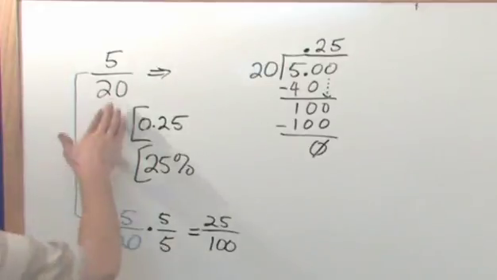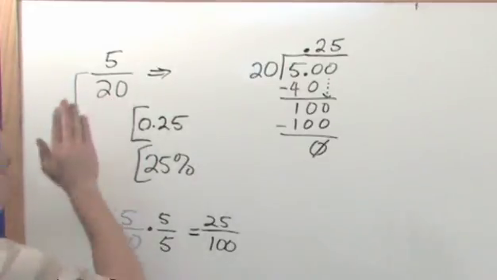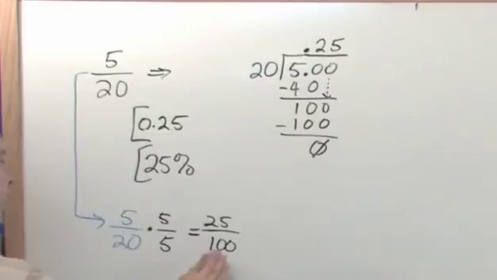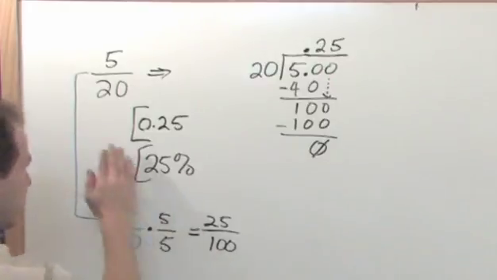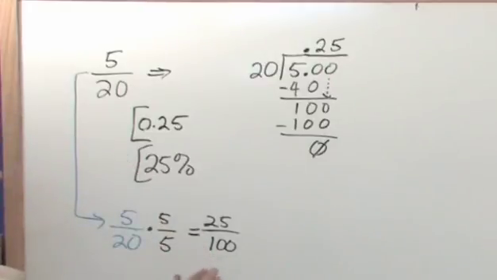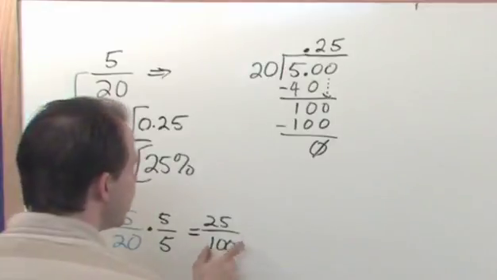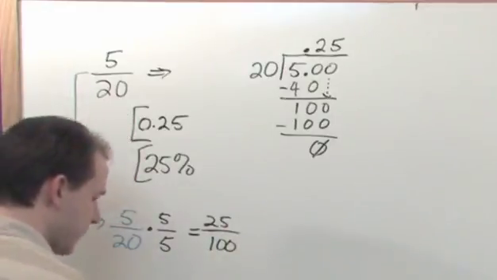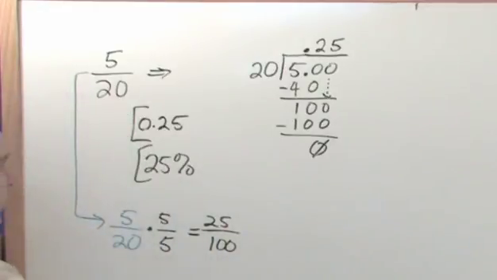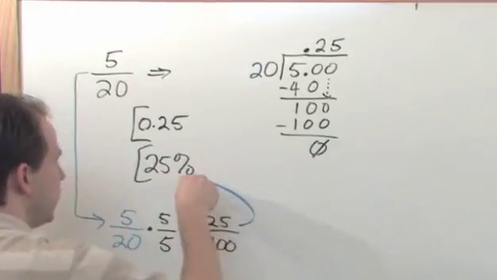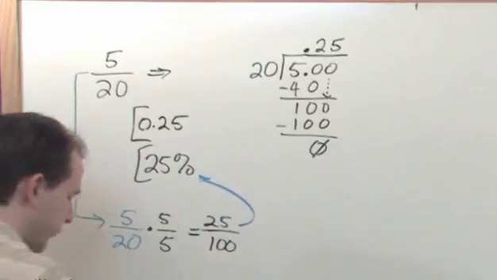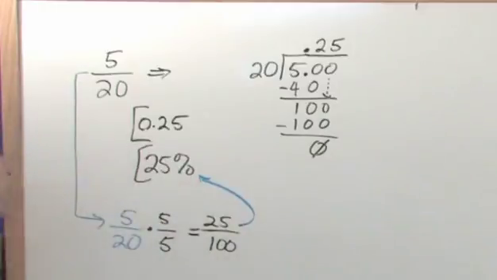So what we're saying is this fraction, which is 5 over 20, is exactly the same fraction as 25 over 100. Even though they look different, it represents the same amount of stuff. And because it's over 100, you could then read right off of the top that the answer is 25%, which is exactly what we found the other way. So there's more than one way to do this, and I'm trying to show you that here.